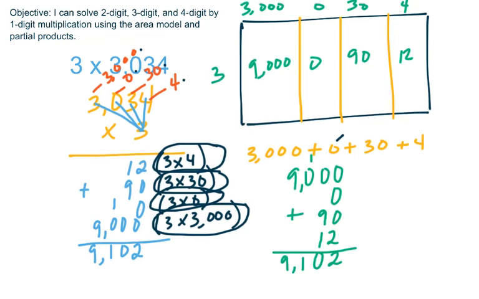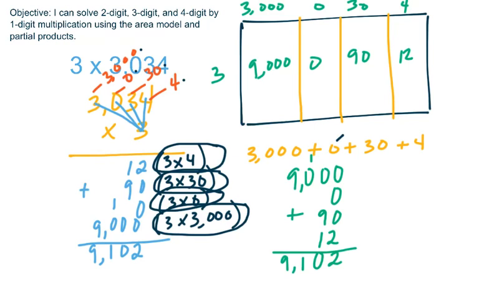Now, my answer ends up being 0, because we know that anything times 0 is 0, but it still needs to be there as a placeholder for us as we go to multiply, because if I just leave that 0 out, I could think that this 3 is a 300, or I could think that my 3,000 should be a 300.